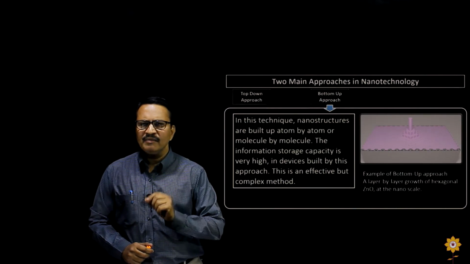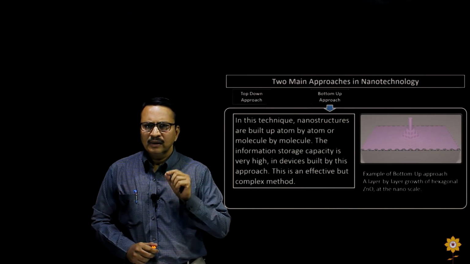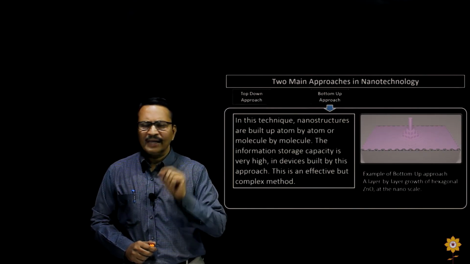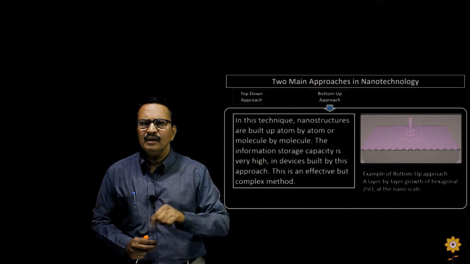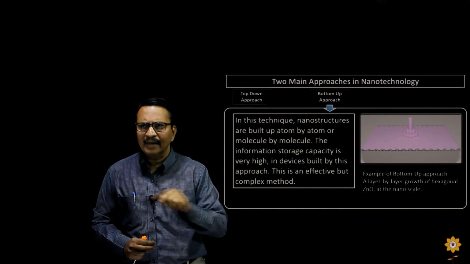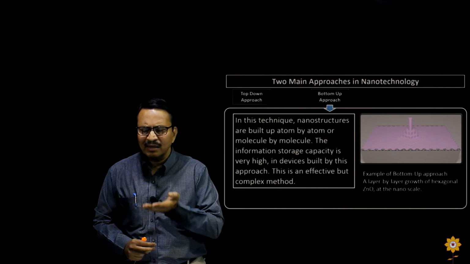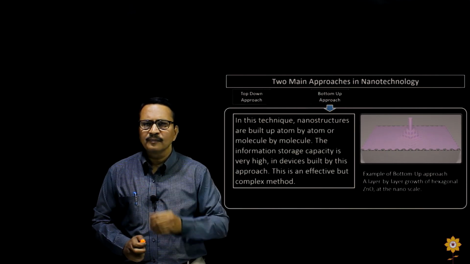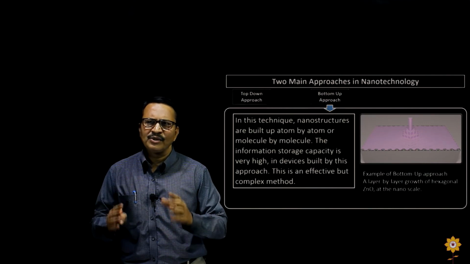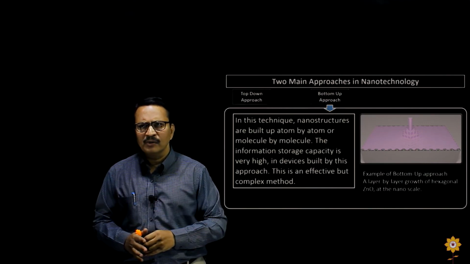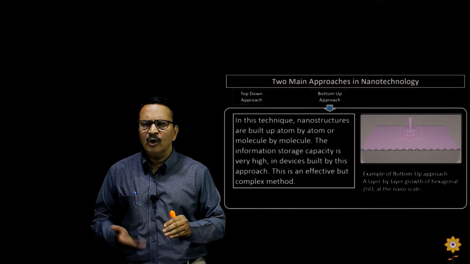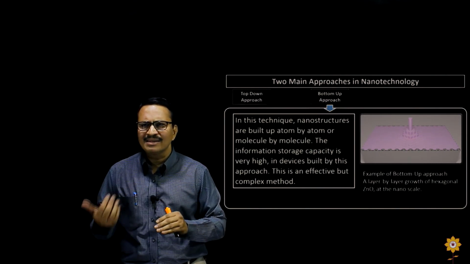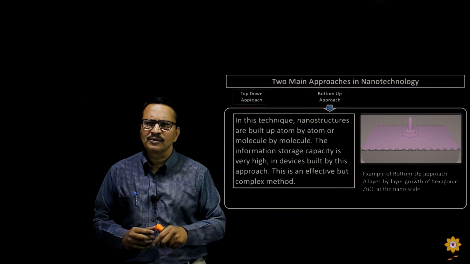As the name itself indicates, the bottom-up approach means we are going layer by layer. So we are making atom by atom layer generation, and that's how we make up the nanomaterial. The devices that are formed by using such approaches are very compact. But at the same time, the bottom-up approach is not as simple as the top-down approach.